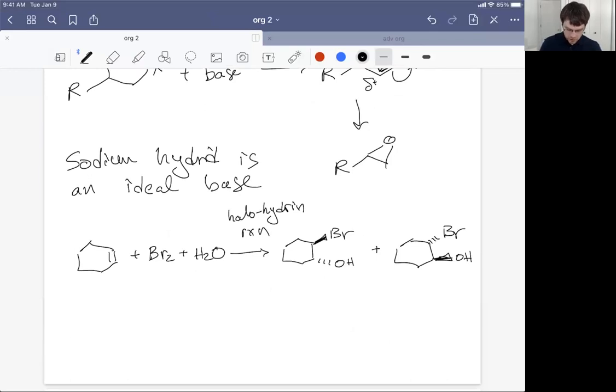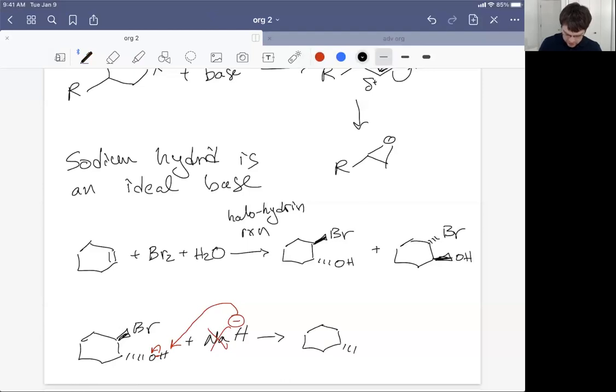Okay, so what we could do going forward with one of these is we could add sodium hydride. And if we add sodium hydride, we think about that as being like sodium bonded to hydrogen through an ionic bond. If they dissociate, the hydride can deprotonate the acidic hydrogen from the alcohol, to give an alkoxide.